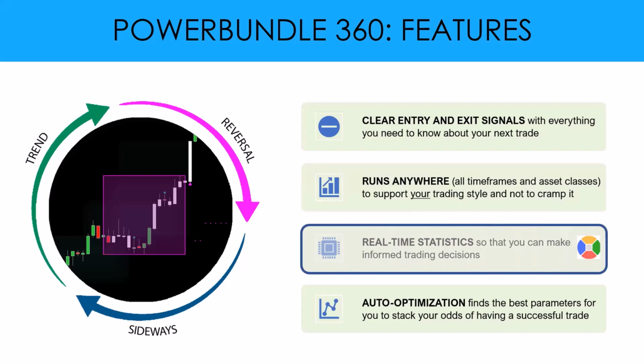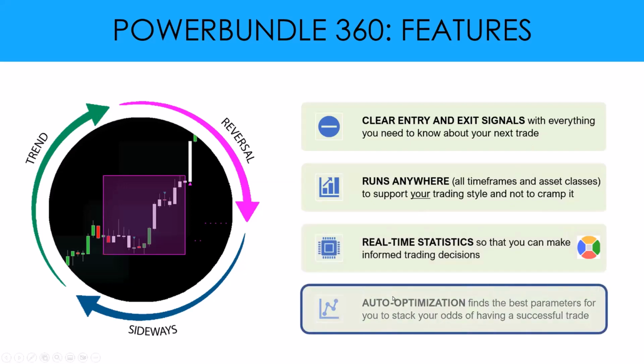And in this latest version of our Powerbundle, this is where the name AO comes from, we have built in an auto optimization feature, which will automatically find the best parameters to trade. So no more fiddling around manually with the parameters. Of course, you can still do it if you want to, but now we also have the feature to find the best parameters for you automatically.